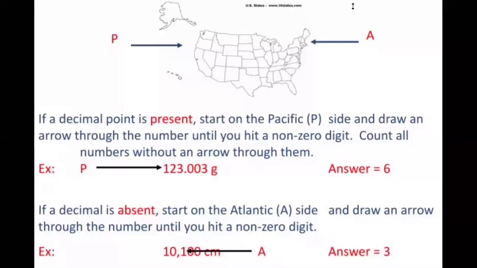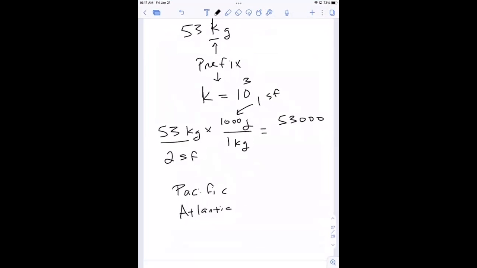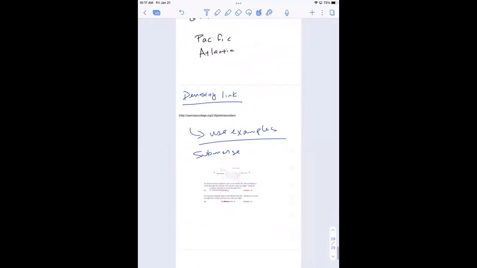I'm gonna bring that into this document. We talked about this in recitation with the second section yesterday, and I thought it was a pretty neat example.